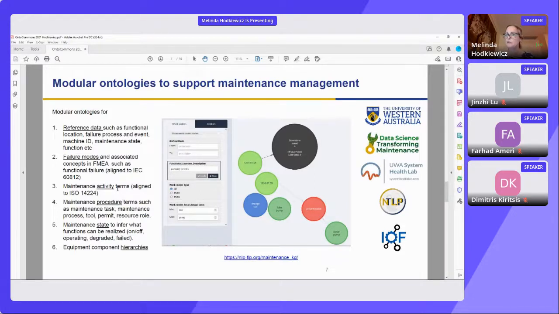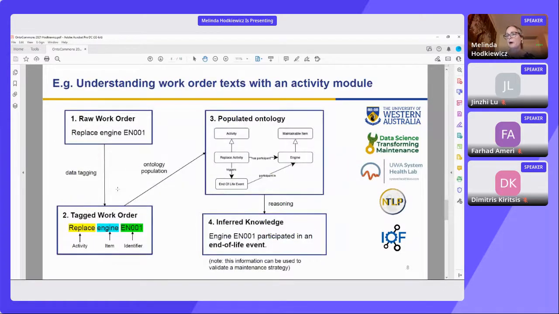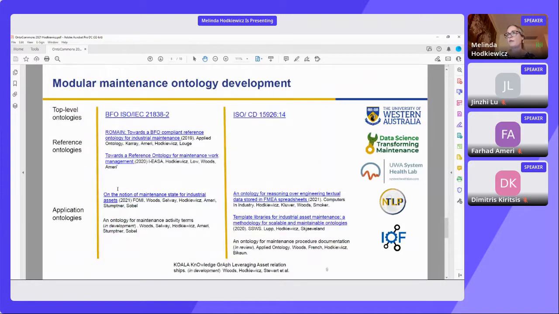We have a procedure ontology, and we have a very important ontology about the idea of state. What does it mean to be in different states? And we're starting to work on component hierarchies. And the idea is that these are actually all aligned to a top-level ontology. And in fact, I'll go there first.